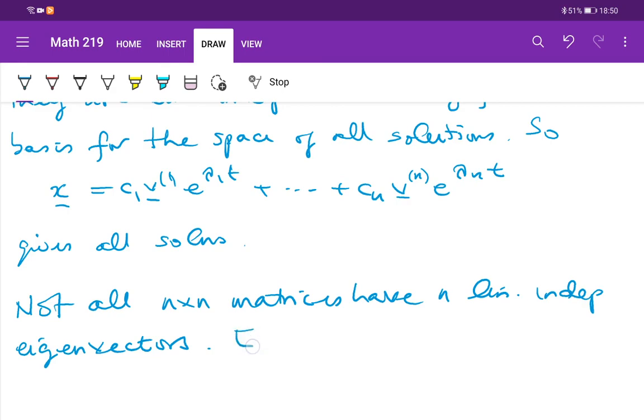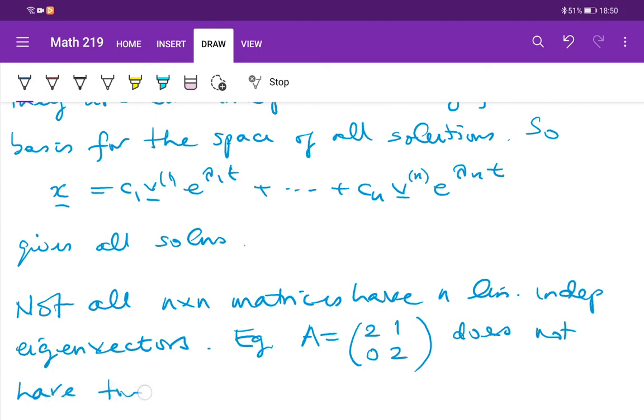For example, if you consider the matrix A equals 2, 1, 0, 2, you can check easily that this matrix has one eigenvector, but you can't find two linearly independent eigenvectors of this matrix. You can check that.